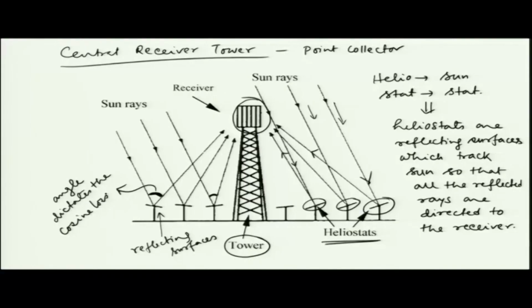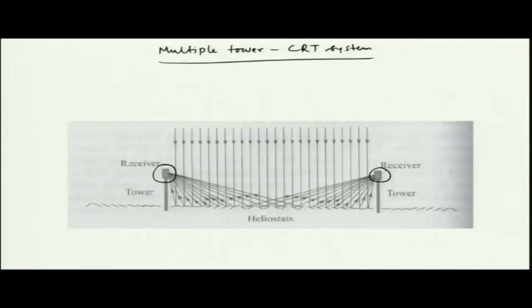So, when that angle is larger, you will have less contribution from the heliostats towards the edges. That is why we cannot go for a very large field, as the effective contribution of the edges will be low. In that case what we do, we divide the field with more number of receivers.